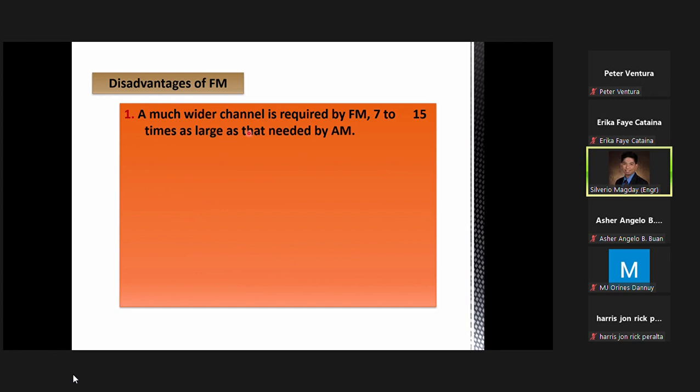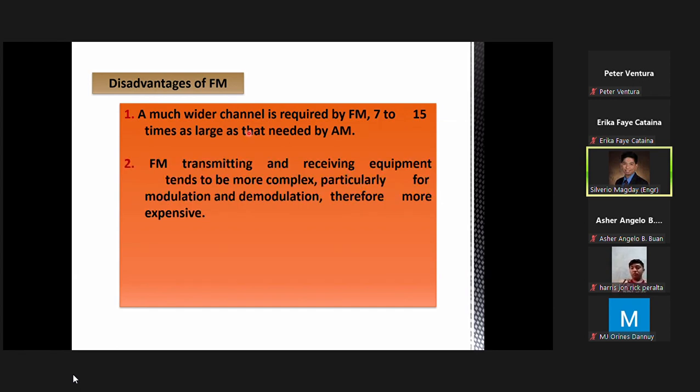Disadvantage lang, a much wider channel is required by FM, 7 to 15 times as large as needed by AM. So since wider channel, mas malaking bandwidth, it is costly as well. So mas malaking power din yung kakainin. FM transmitting and receiving equipment tends to be more complex pagdating sa system technology part.